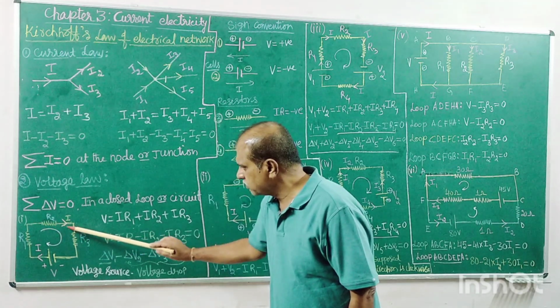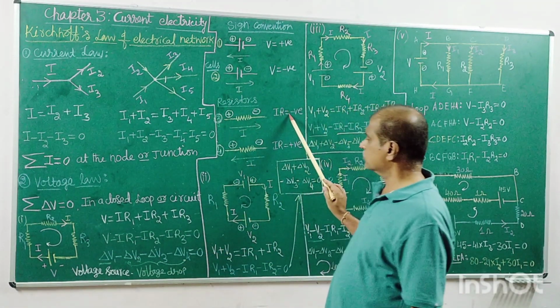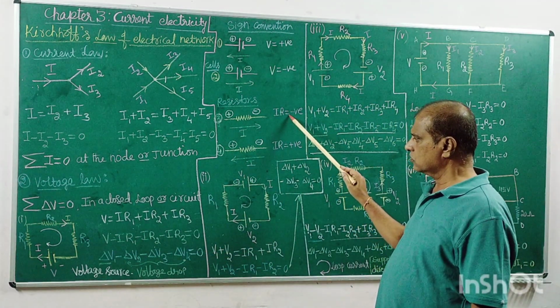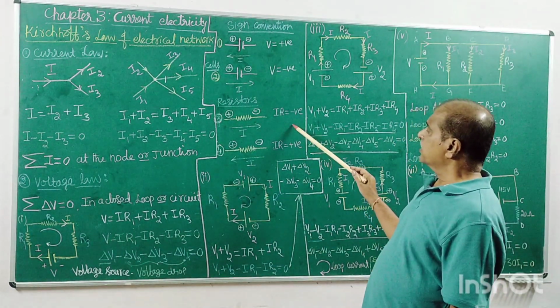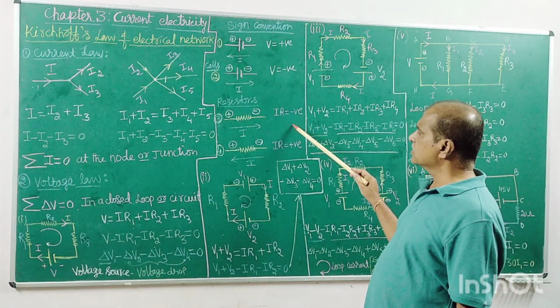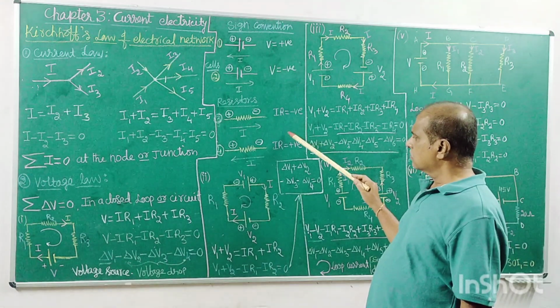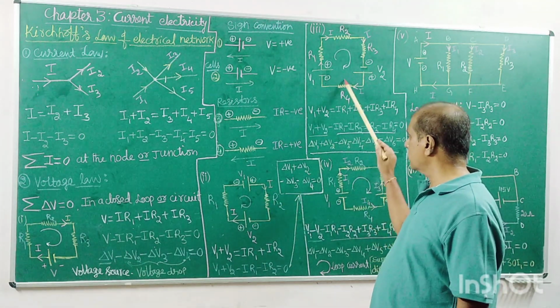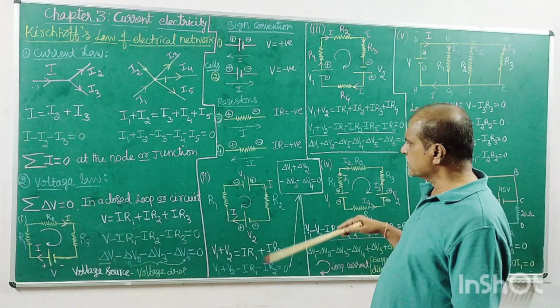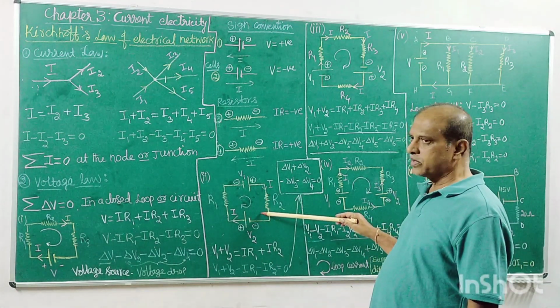With this technique in your mind, let us write the voltage law for different loops. This is one loop, another loop, another. Because of the difference in loops, we have an increased number of elements.